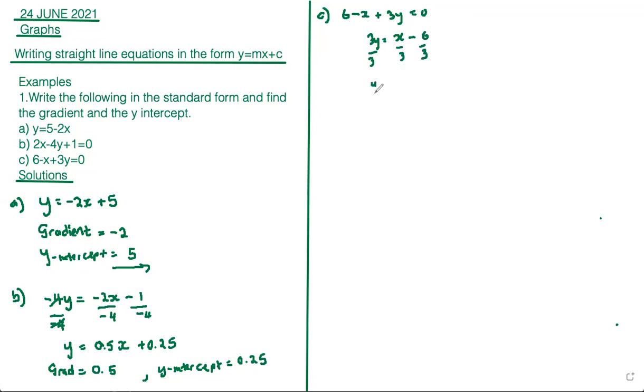Okay, then we have y is equal to 1/3 x minus 2. So from here we can see that our gradient is equal to 1/3, and our y-intercept is equal to -2.